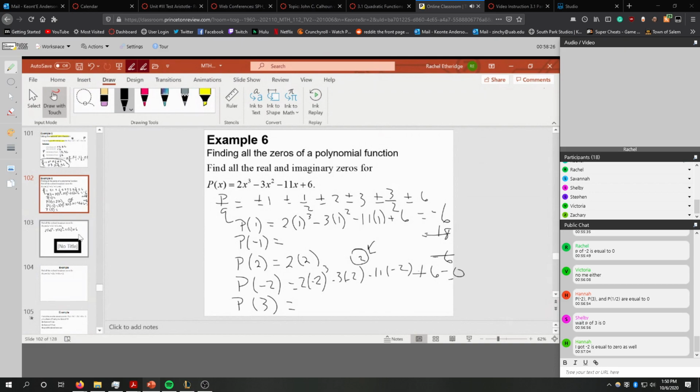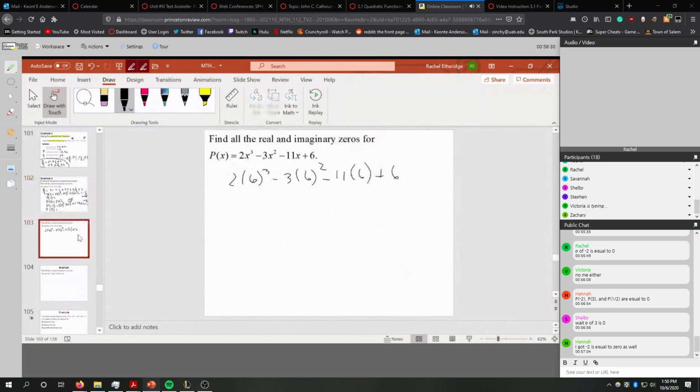Now, what does that tell us? All right, so that tells us that -2 is actually one of our zeros. So we know one of them. I'm going to use that -2 and I'm going to do synthetic division now and see if I can find the rest of my zeros.